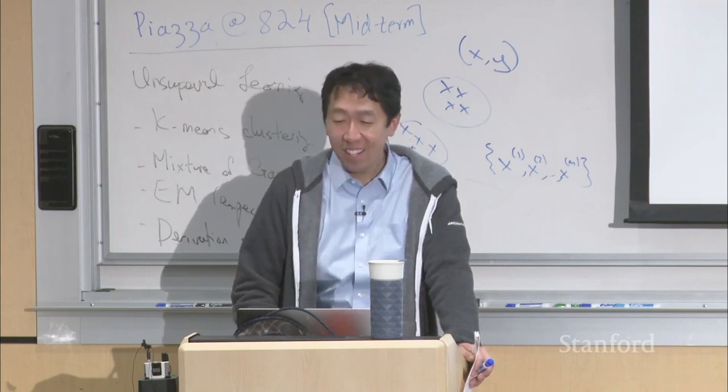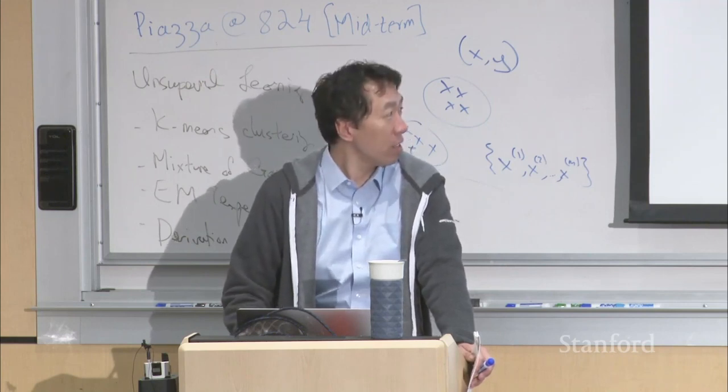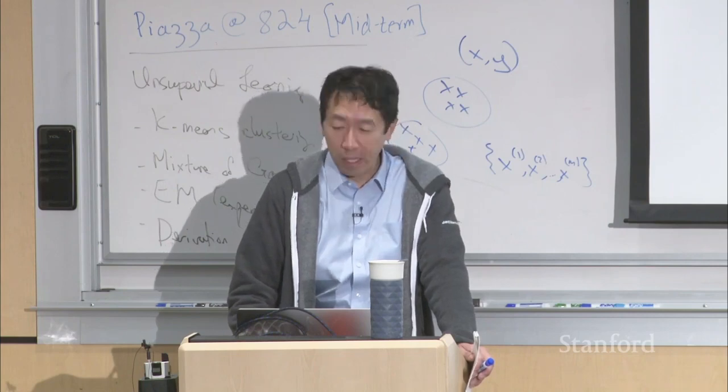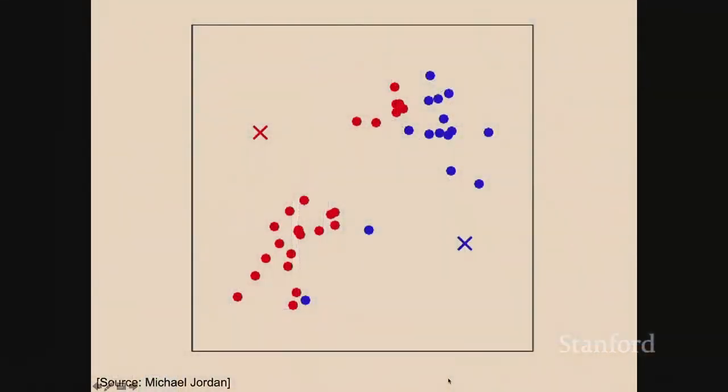All right, thank you. And then find the mean of all the red dots and move your red cluster centroid there. So let me do that. The cluster centroids move as follows, to the mean of the red and the blue dots. And this is just a standard arithmetic average. And then you repeat again, where you look at each of the dots and color it either red or blue, depending on which cluster centroid is closer.